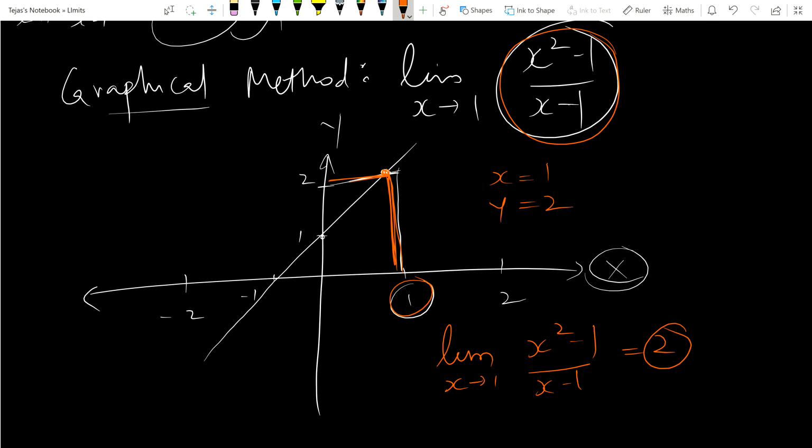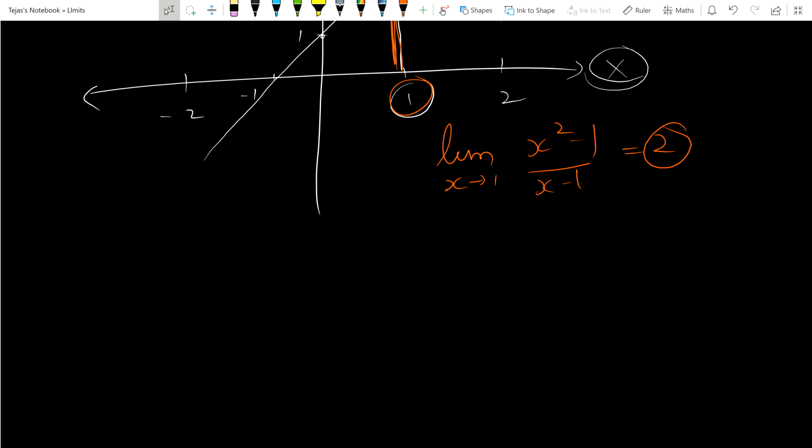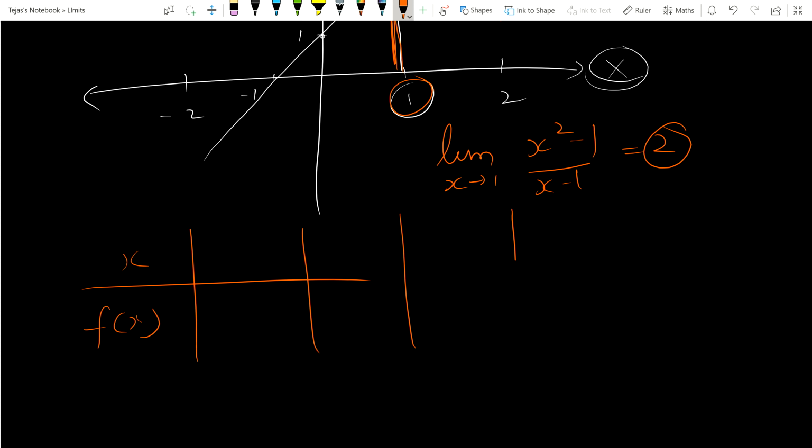There's also another method to draw a graph. I'll show you. You draw the table of x and f of x, and you put random values, let's say minus 1, 0, 1 and 2.